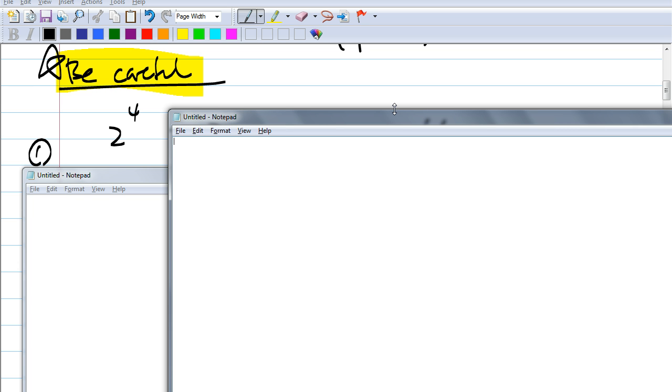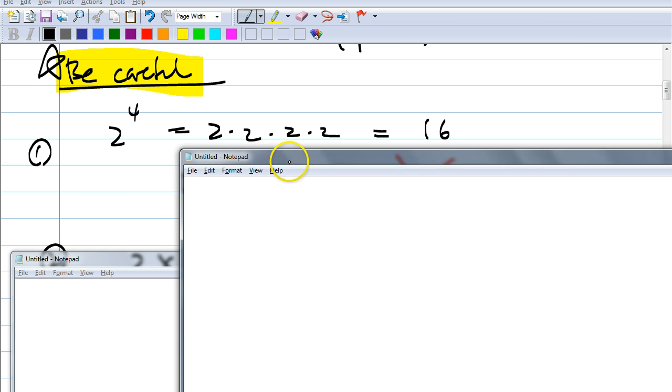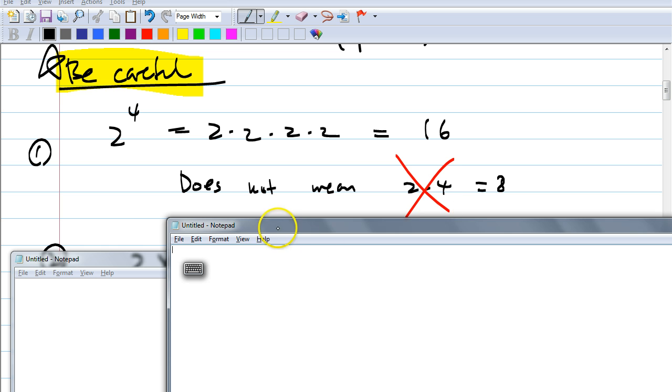Yes, sir. 2 times 2 times 2 times 2, which gives you 16. Sometimes I do see people write 8 as the answer. Why do you think people do that? Yeah, Laura, they just look at 2 and 4 and multiply. Would that be right? No. I don't see that a lot, but just be careful. It's not 8. It doesn't mean 2 times 4.